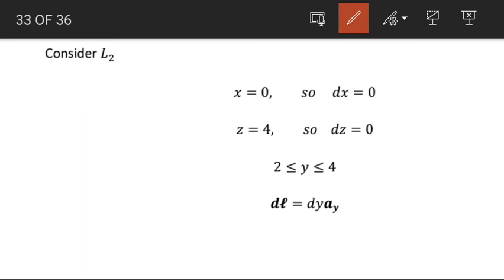Z is 4, dz will be equal to 0. And y is changing from 4 to 2. As only y is changing, so the differential length vector will be equal to dy ay. This is the differential length vector.